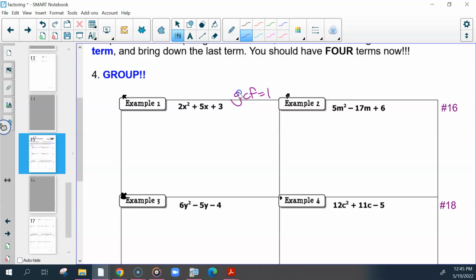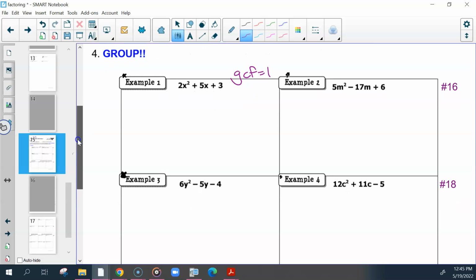I can say the GCF is 1, but if I divide 1 out, nothing would change. So if you said no, that's acceptable. There is 1, but that wouldn't change anything. So that's why I said yes and no. So I wasn't wrong. You were not wrong.